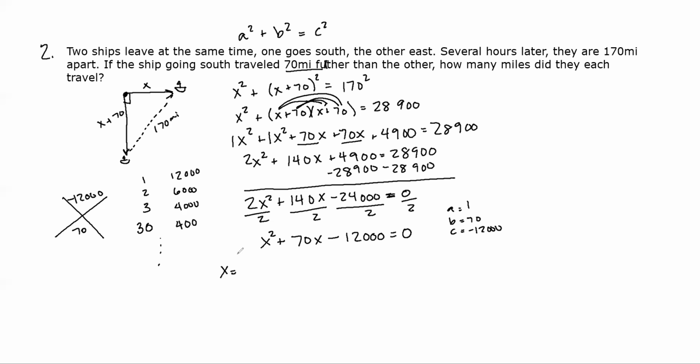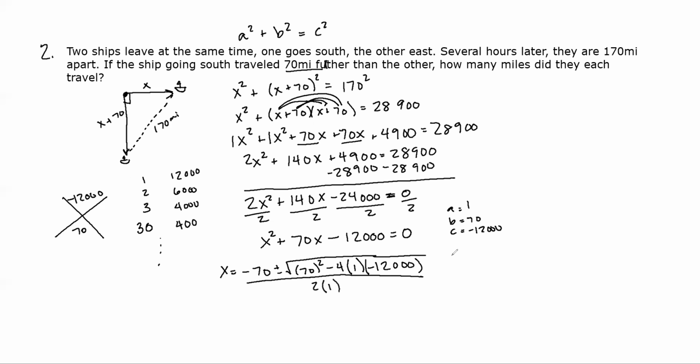So x equals negative b, so negative 70, plus or minus the square root of b squared, so we're going to have 70 squared, minus 4 times a, which is 1, times c, which is negative 12,000. That is going to be a big number, but maybe it won't be too bad. We'll see. All over 2 times a.